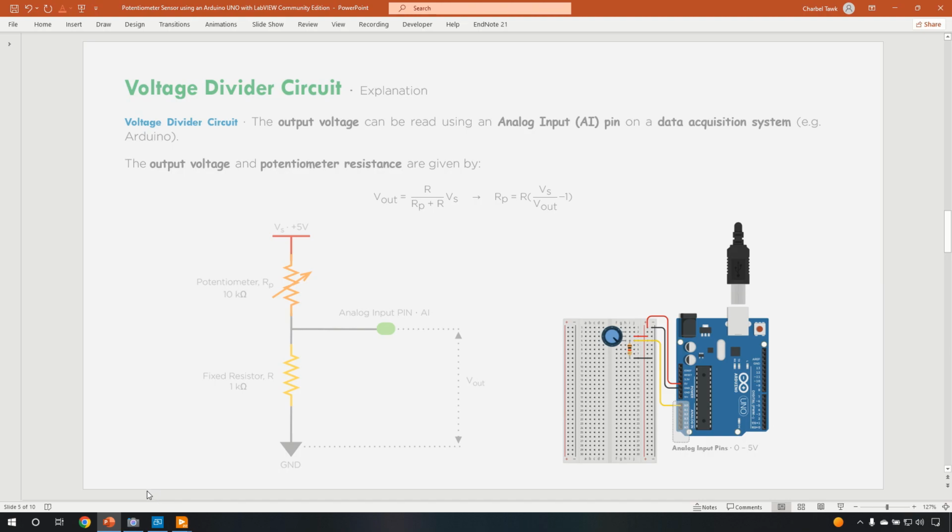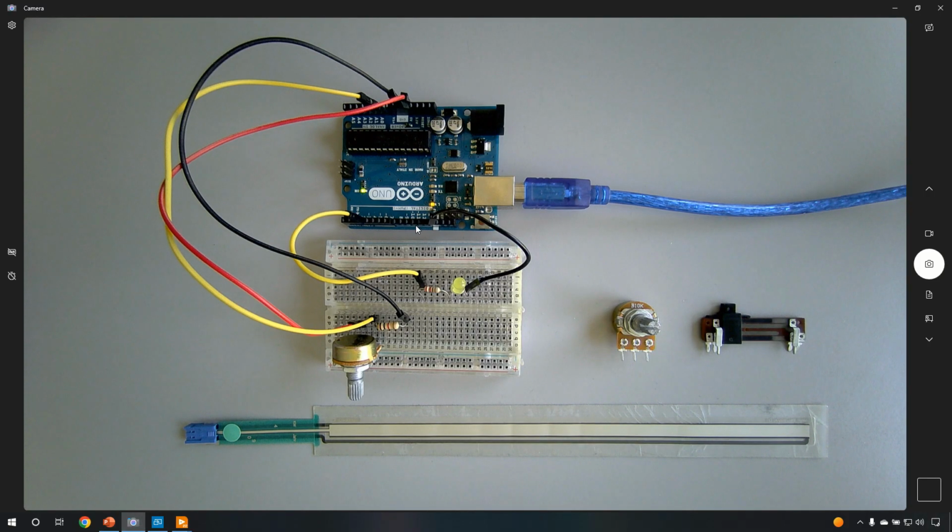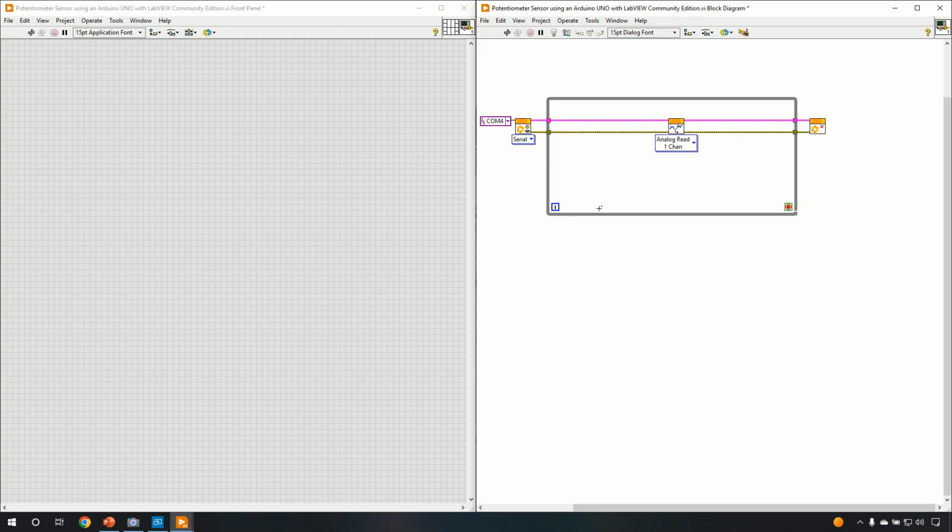So we have 6 pins as we stated. So if we go back to our physical circuit right here, we can see that the connection between the fixed value resistor and the potentiometer here, this point right here on the breadboard is connected directly to A0, analog input pin 0. And that's why we need to specify here the analog input channel, and in this case, it's pin 0.